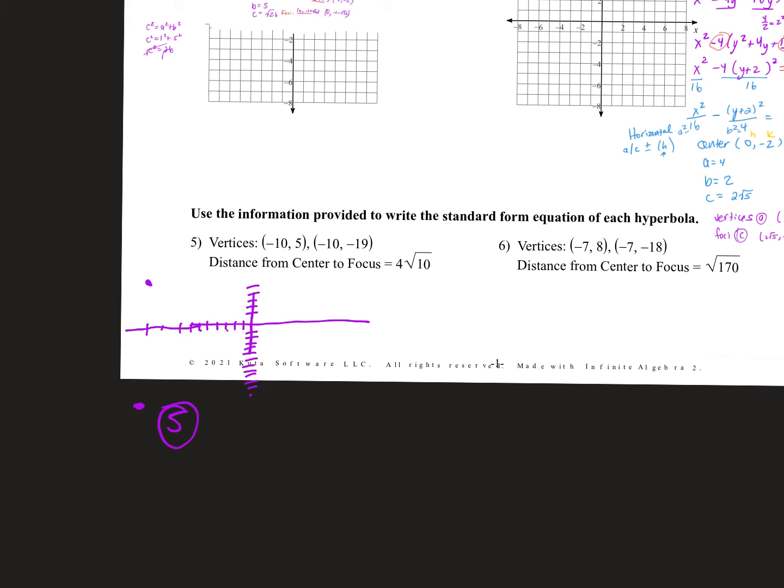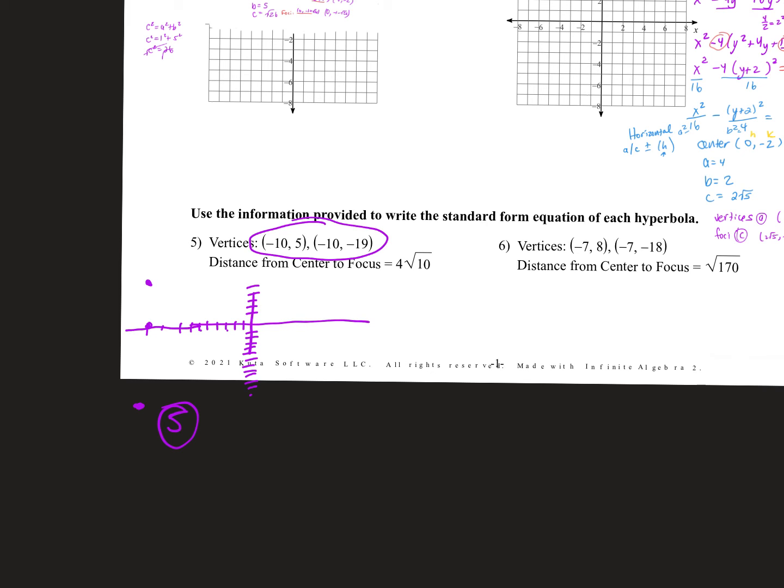How do I find the center? Midpoint formula, okay? So I'm going to say it's the middle of this, right? So I would say -10 plus -10 is -20 divided by 2 is -10. Then I have 5 and -19.